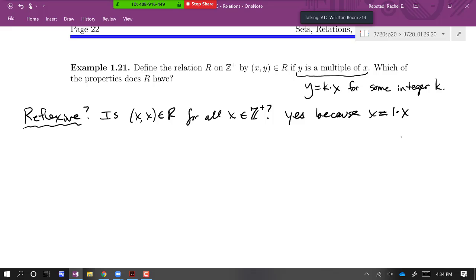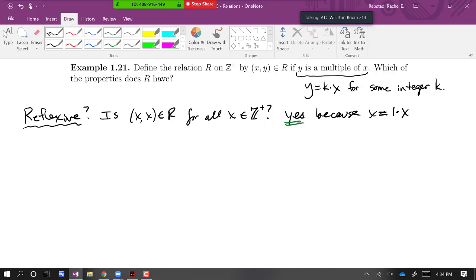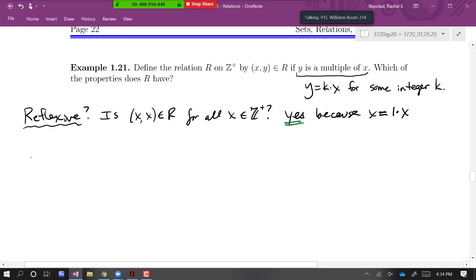If it's reflexive, it can't be anti-reflexive. So this gets a yes. And that means we don't have to check. We know it's not anti-reflexive. Is it symmetric?